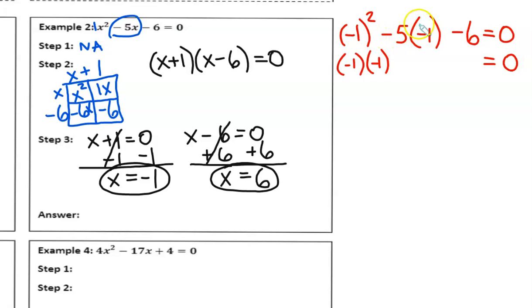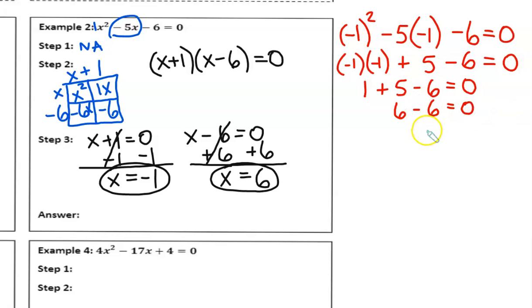Negative 5 times negative 1 is a positive 5. And then I got a minus 6. So 1 plus 5 is 6. And check it out, 6 minus 6 equals 0. So that means this solution works. It made our equation zero out.